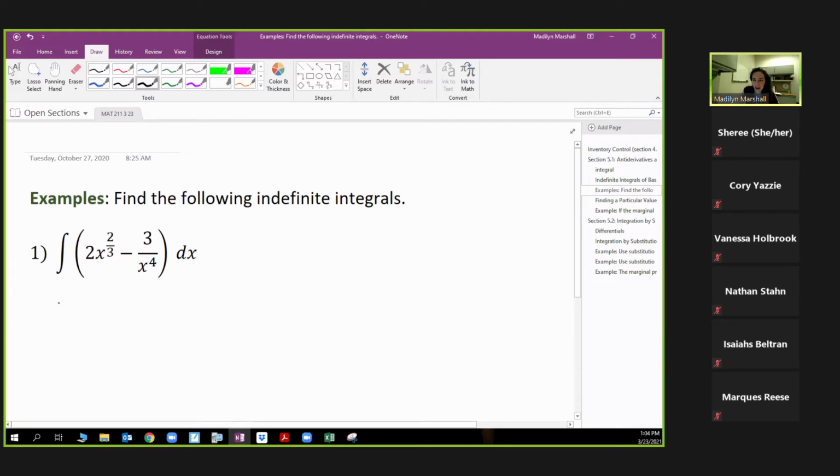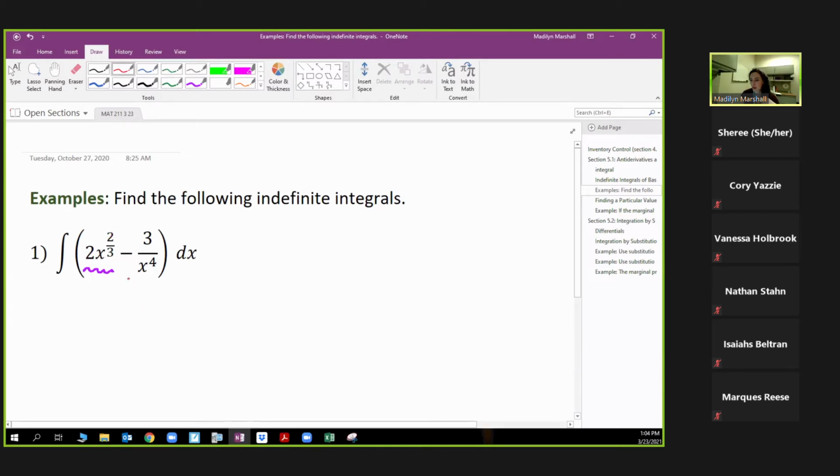So this is where I was about to go off on a little tangent earlier, but now it's actually appropriate. Just like when we're doing derivatives, when we are doing integrals, we need to have everything set up to follow our rules. So if we're using that reverse power rule, we need x to the n power. This first one here in this integral is already all set up. It's some constant times x to some power.